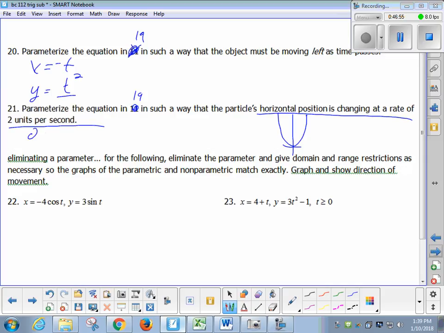I like to think of dx/dt as 2, which implies x is 2t. I suppose you could have a constant. So y equals, now you want it to come out to be x squared. So if y equals x squared, then y must be 4t squared.